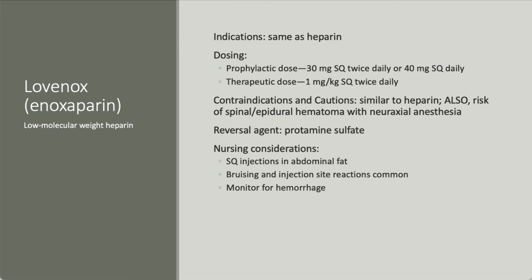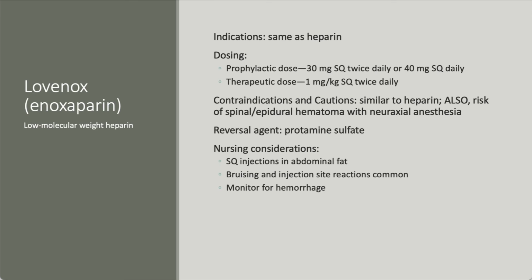The contraindications and cautions are very similar to heparin, but also there's a risk of spinal and epidural hematoma and neuraxial anesthesia. So, when we do intrathecal anesthesia, things like that. This medicine can also be reversed with protamine, and again, it's pretty rare that we reverse anybody with it, but that is a possibility.